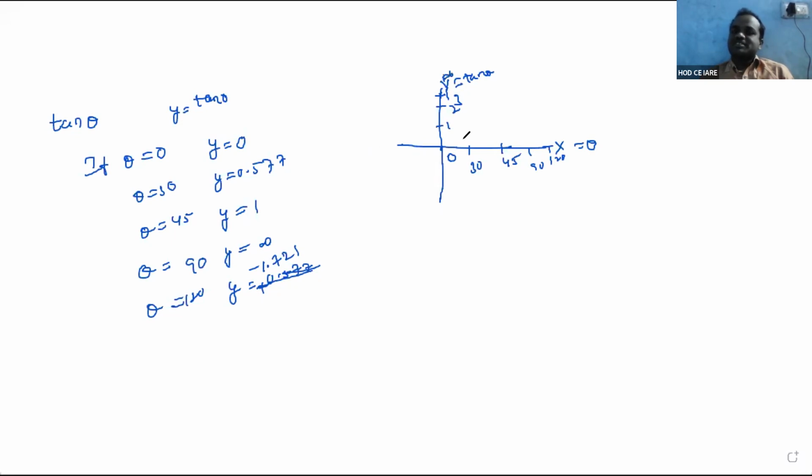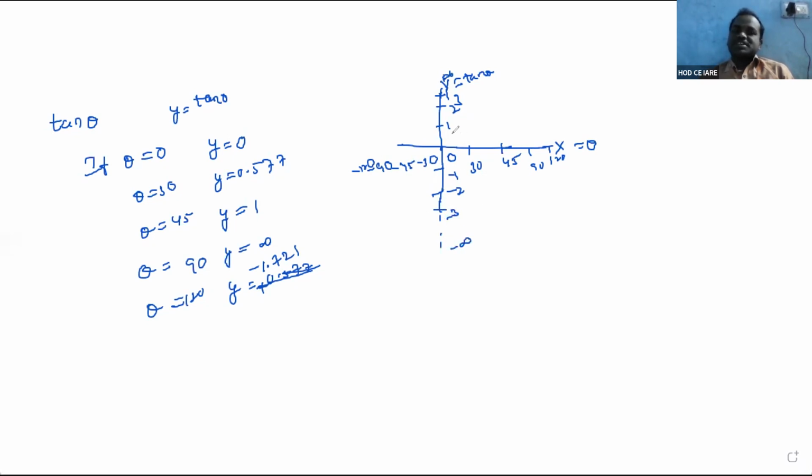Okay. Next, negative values also the same, like minus 30, minus 45, minus 90, minus 120. Okay. So here we can take minus 1, minus 2, minus 3, up to minus infinity.